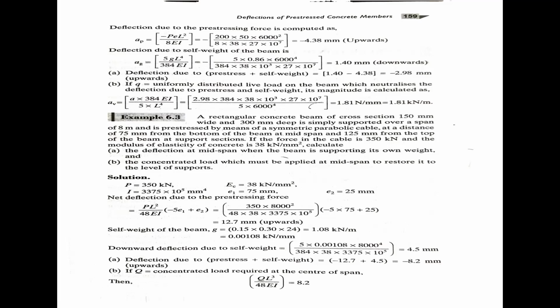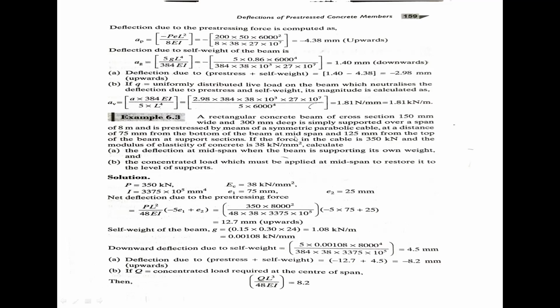That means I equal to bd cubed by 12, which gives the value 3375 into 10 to the power of 5 mm to the power 4. Eccentricity e1 is 75 mm from the bottom at midspan. Sorry, at the midspan cross section, 150 mm wide and depth 150 minus 75.